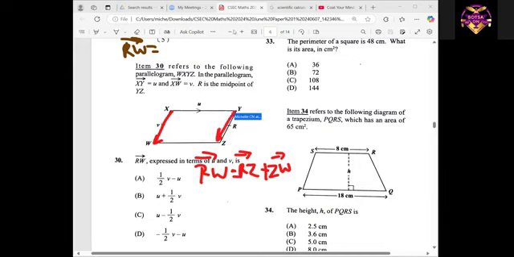What is YZ? I thought we don't know what WZ is. Well, just hold on.